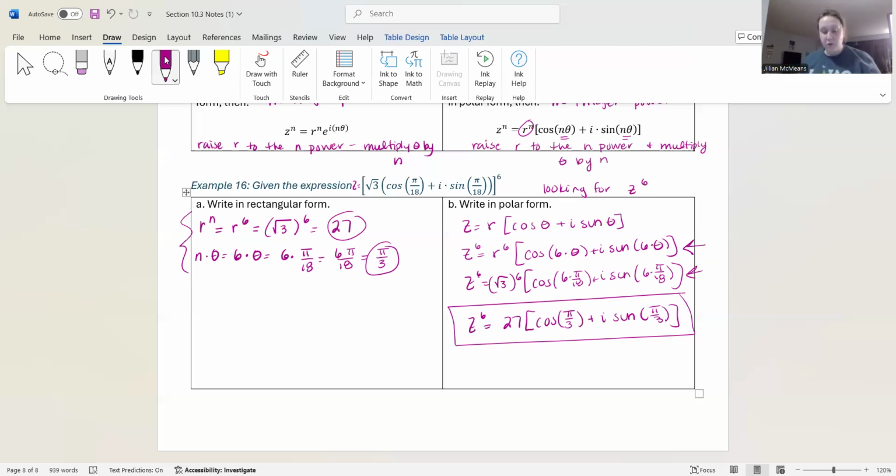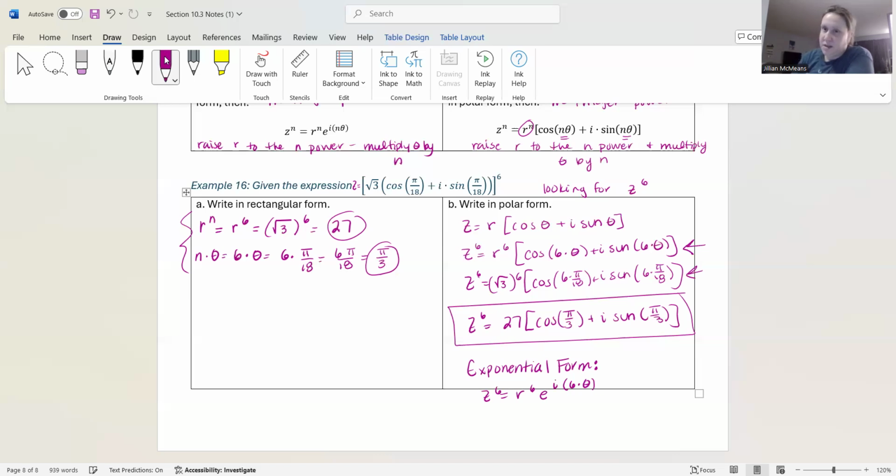So we have polar form right here. Let's go ahead, just for the fun of it, and get exponential form. If we were going to get exponential form, remember, z to the sixth would equal r to the sixth times e to the i times 6 times theta.